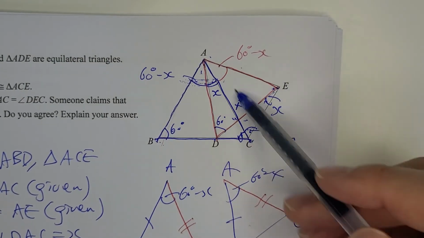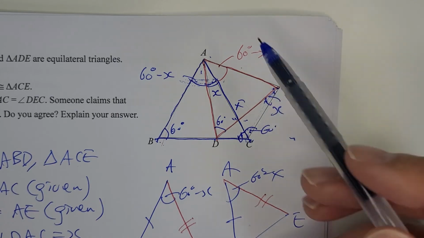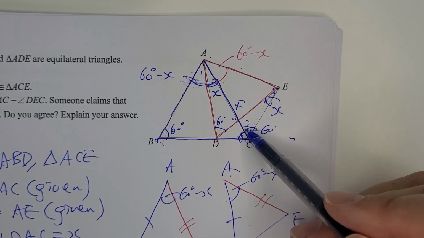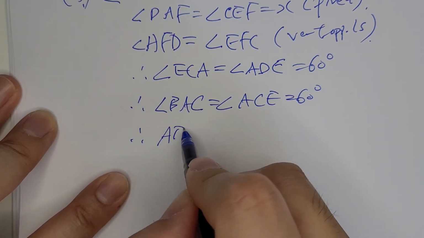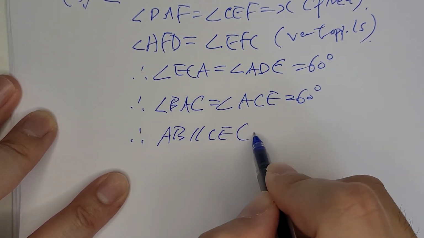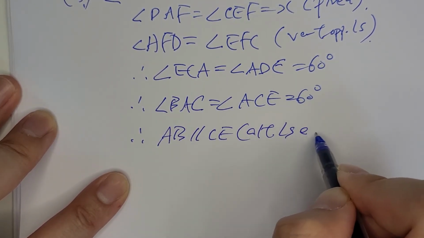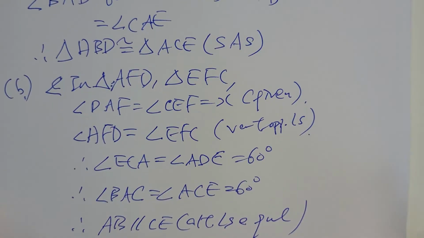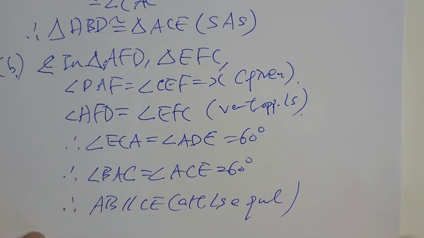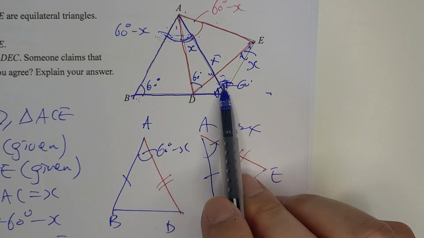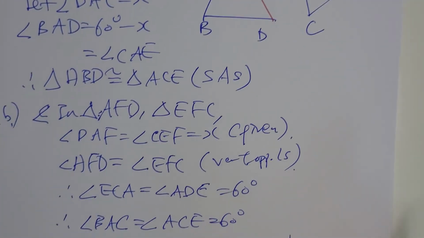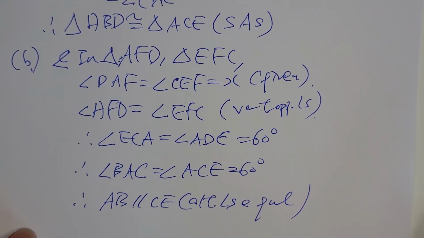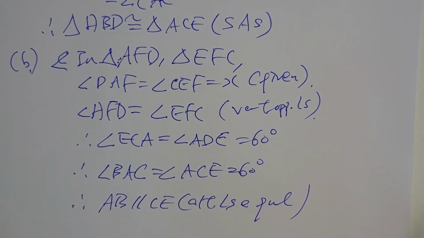Since this is a Z shape, this angle is 60 and this one is also 60. So you can make the conclusion AB is parallel to CE, alternate angles equal. The key point is you need to prove that these two angles are equal. This is also equal to 60 degrees. That's the solution of question number 7, and then move to question number 8.